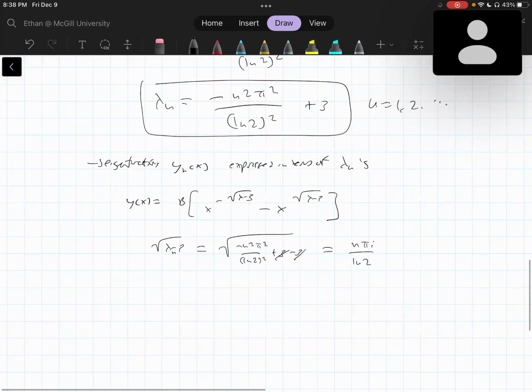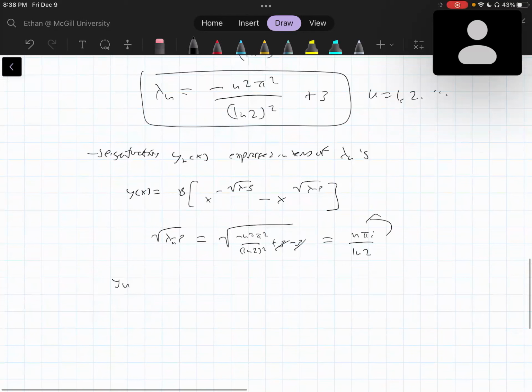Okay, so let's put this back into this equation here. So y_n of x now is b_n times x to the negative n pi i over ln 2, minus x to the n pi i over ln 2.